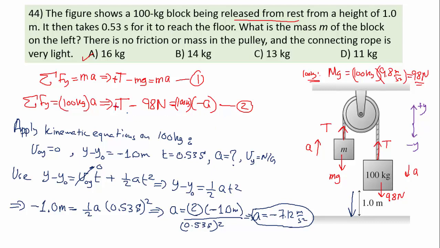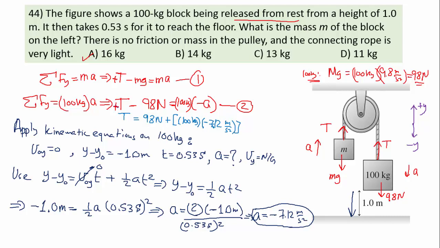So if we do that, the tension will be equal to 98 Newton plus 100 kilogram times the magnitude of the acceleration, about 7.12 meter per second squared. This is of course the magnitude of the acceleration, and the sign is already negative.